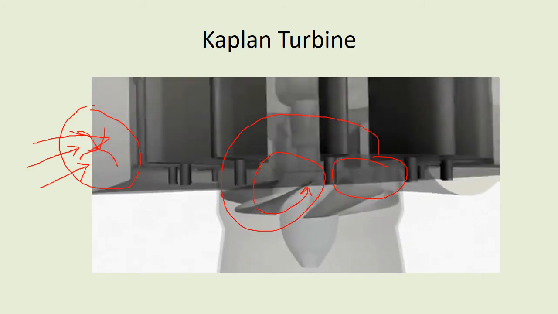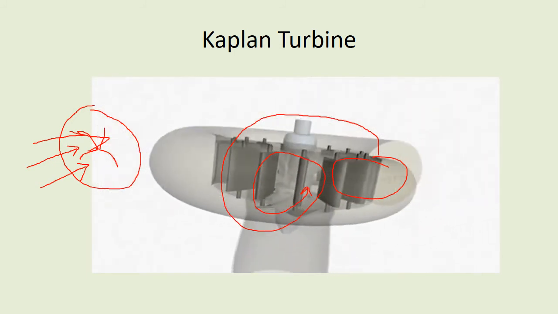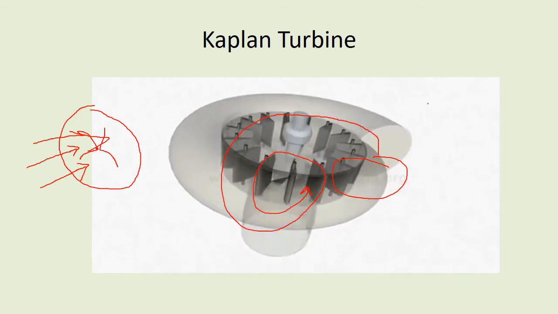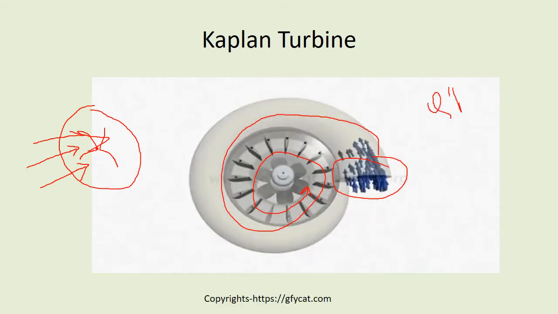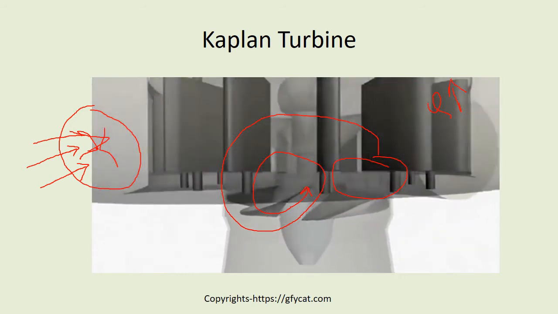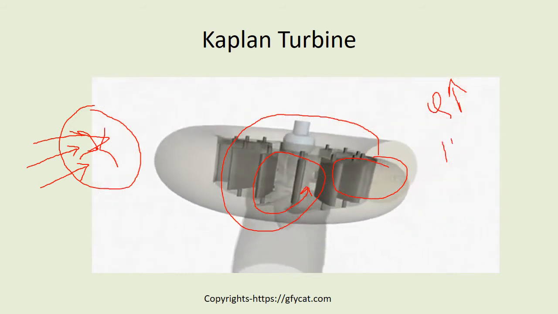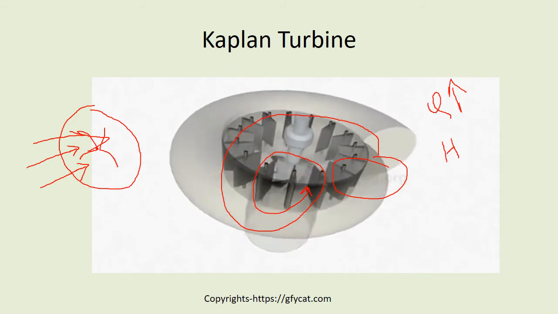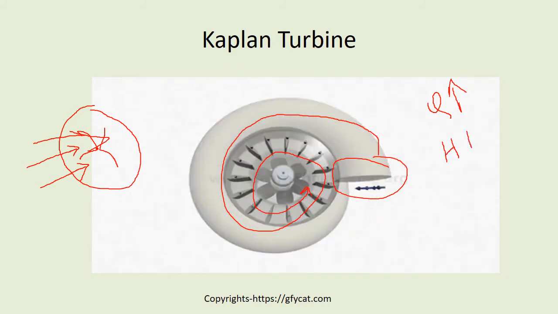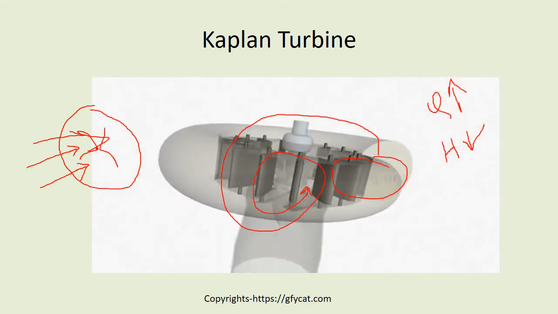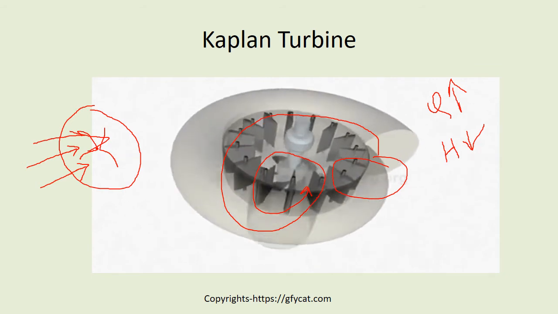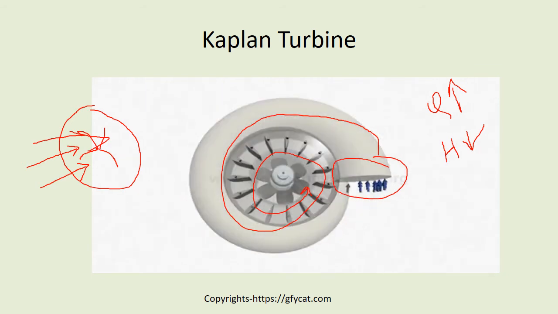So indirectly we can say that Q is very large. And if the head of the dam is low, it is preferred. So Kaplan turbines are preferred for high flow rate and low head. Okay, so this creates a reaction turbine.